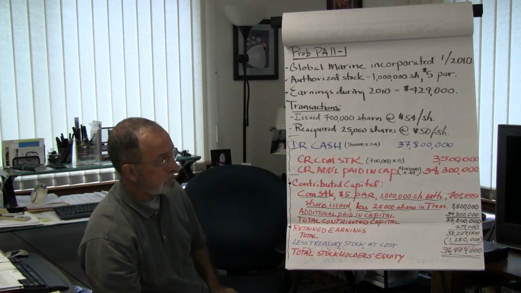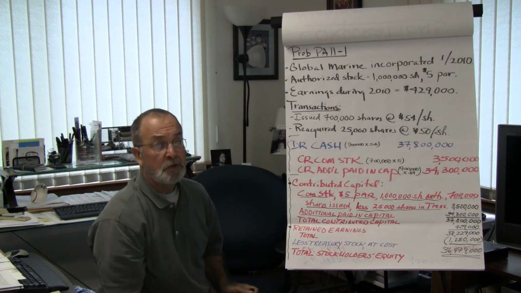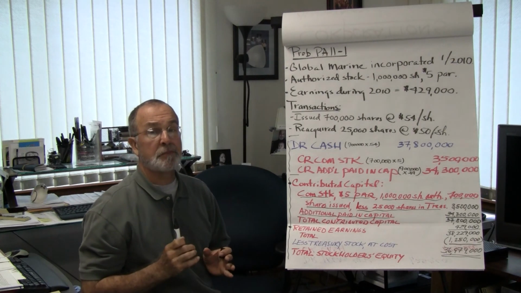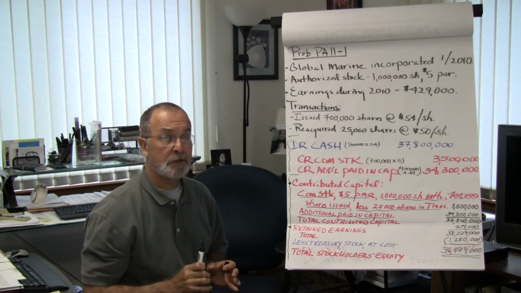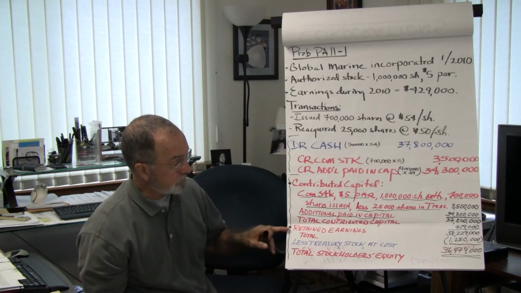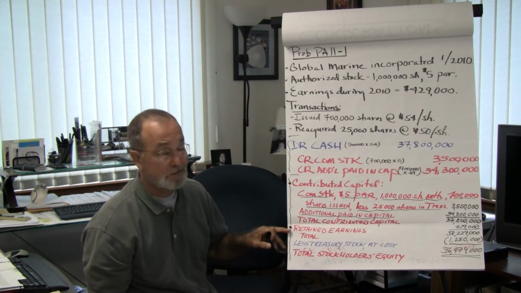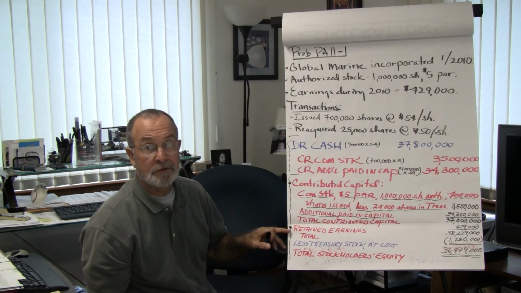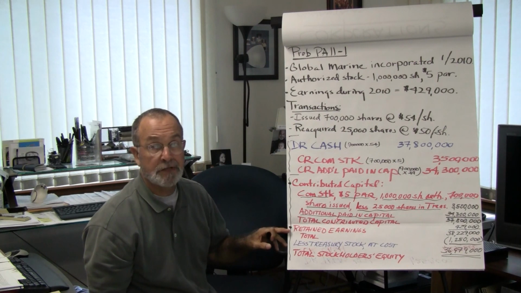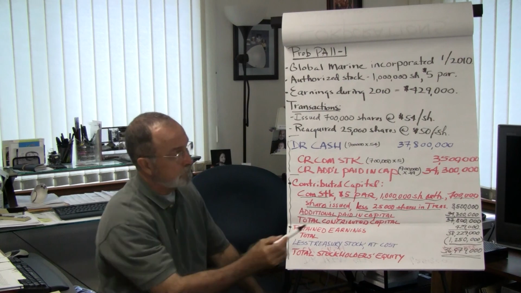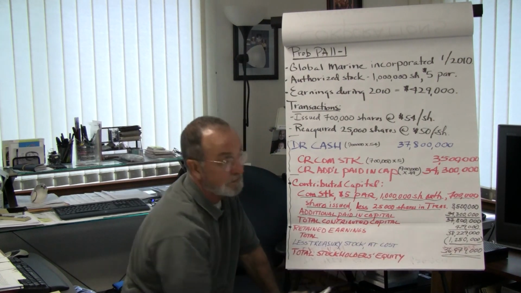And then at that point we switch to retained earnings or internally generated capital, and we show the retained earnings account balance, which at the end of the first year just reflects the amount of retained earnings for the first year, which is $429,000.